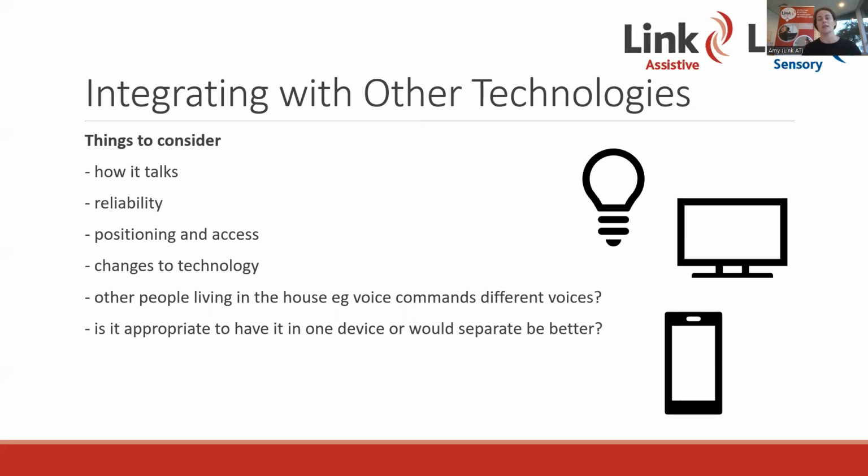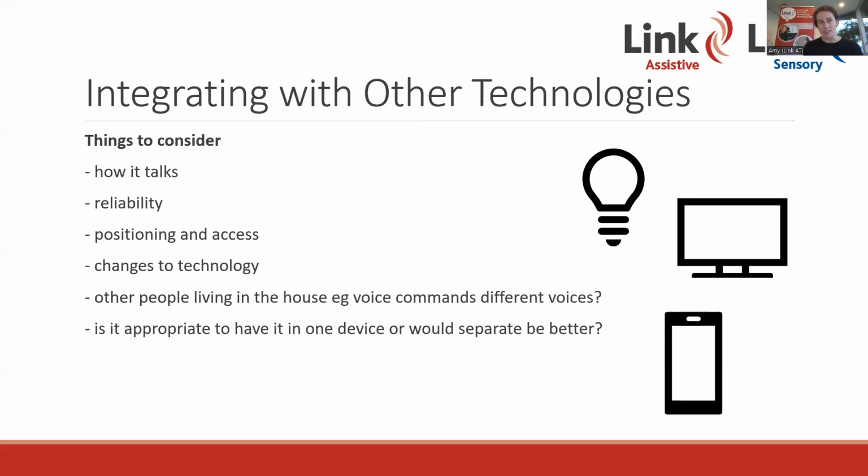And we're going to go into that. We've got to think about reliability, particularly if it's something like a call system, a door, an electric bed. We've got to think about, can we afford for something to not work or go wrong? And what's the most reliable way for this to work and be accessible to the user?